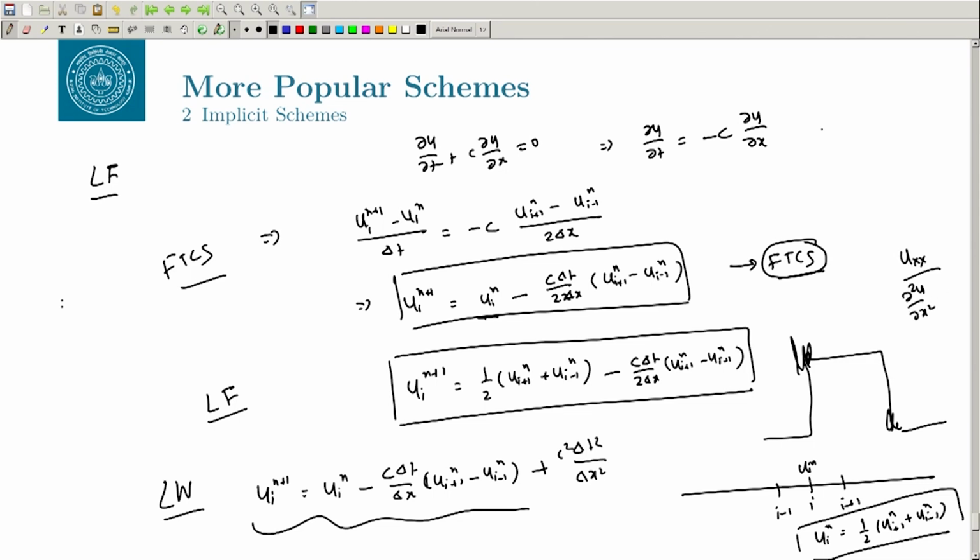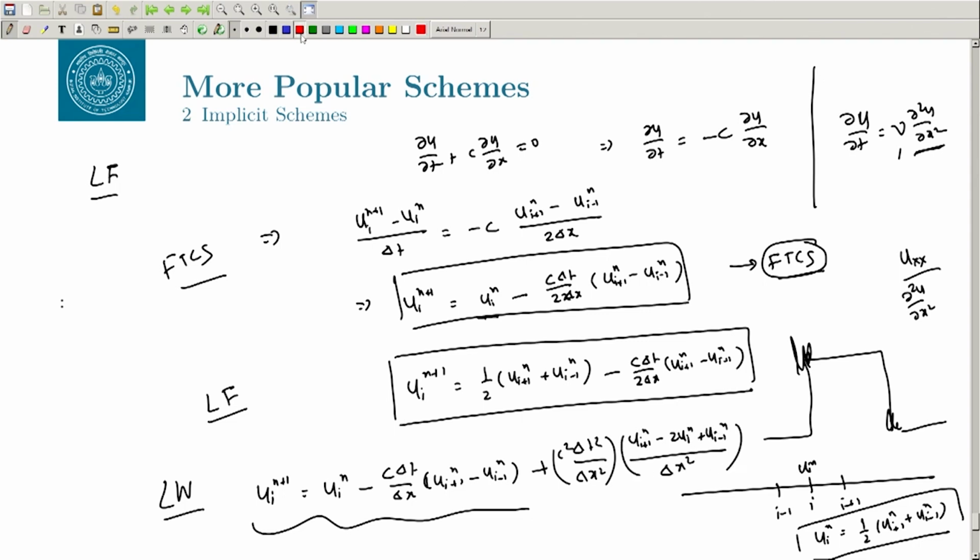This is the nature we have seen in the diffusion problem also, when you have del u by del t equal to nu del square u by del x square, right. So, nu is basically equivalent to c square delta t, and you have to use the central differencing scheme for that. That will become u_(i+1)^n minus 2 u_i^n plus u_(i-1)^n by delta x square. So, this is your Lax-Wendroff scheme.